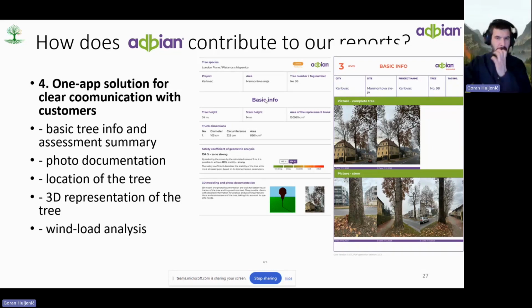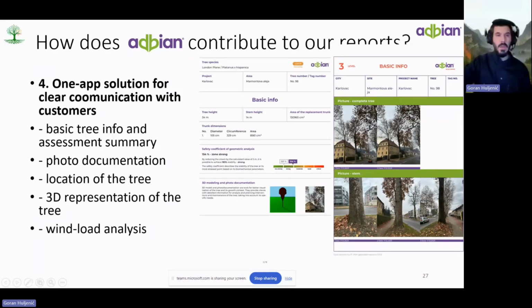You have the basic tree info already there with the summary of assessment. So the first page tells you basic information about the tree, whether the tree is safe or not, and how much you can improve it with some pruning approach.